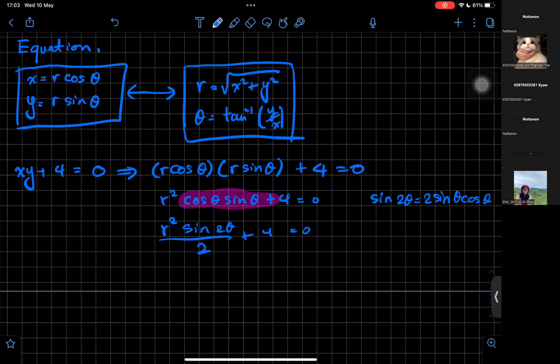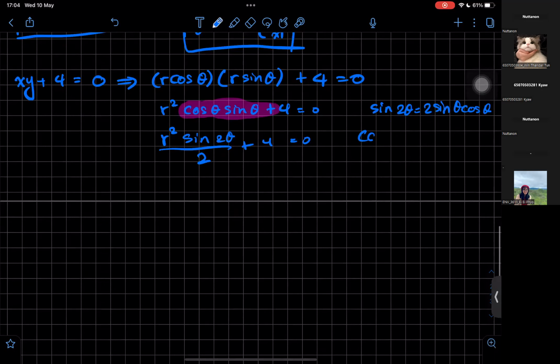Since you're doing multiple choice, sometimes you need to use some properties to change and see which one matches the multiple choice. There is this sine 2 theta, and there is also cos 2 theta.